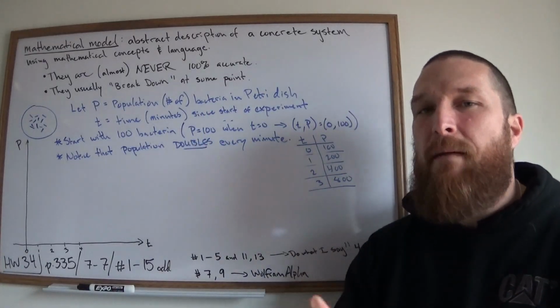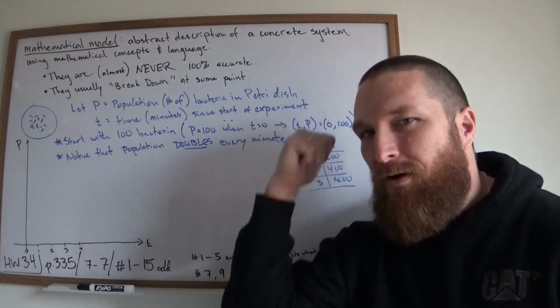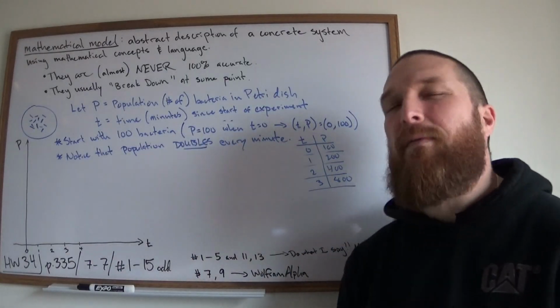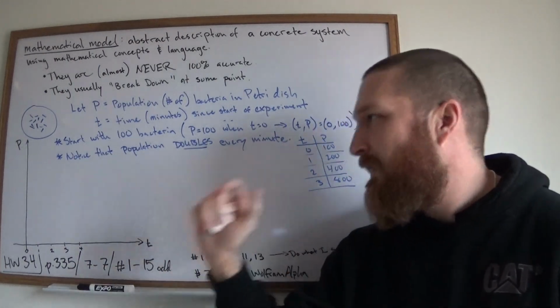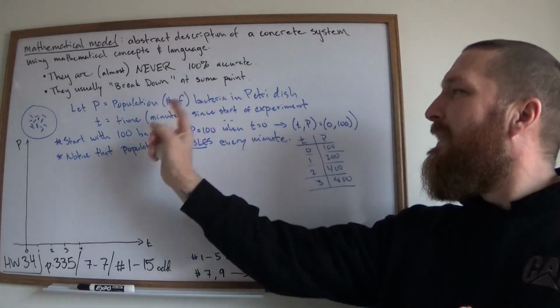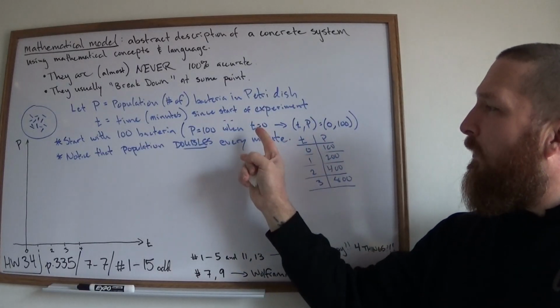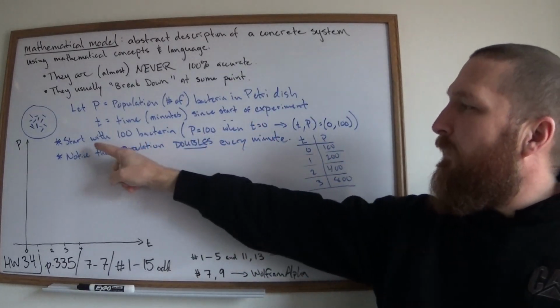So we're going to go into the lab, count the bacteria, and start our clock, okay? Or probably you're going to take a picture of it and have a computer count the bacteria. But when you take the picture, you start your clock, and we're going to call that time equals 0, okay?